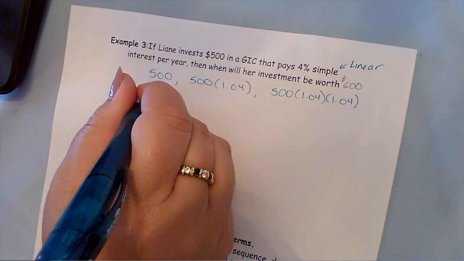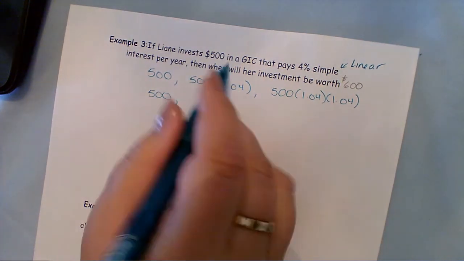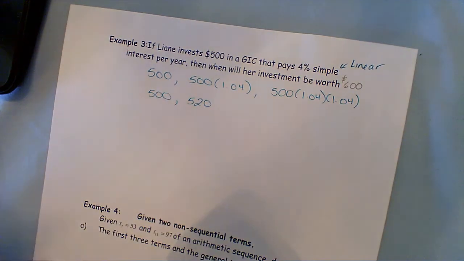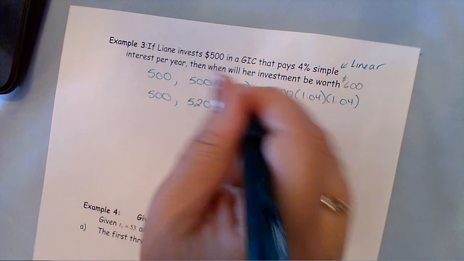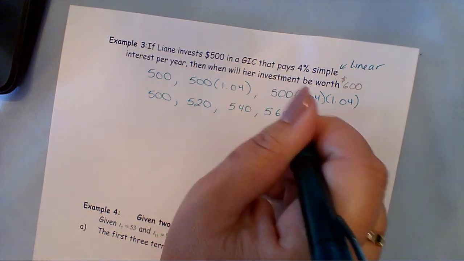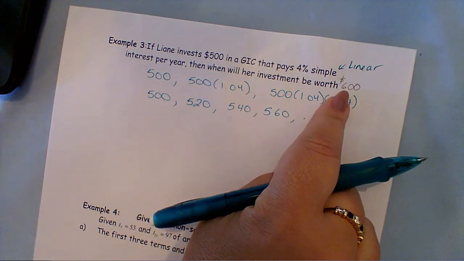So basically, what's happening in her sequence is 4% of 500 is 20 bucks. So she made an extra 20 bucks. The next year, she's going to make another extra 20 bucks. So now we're up to 540, and then we're up to 560, and then dot, dot, dot, right?